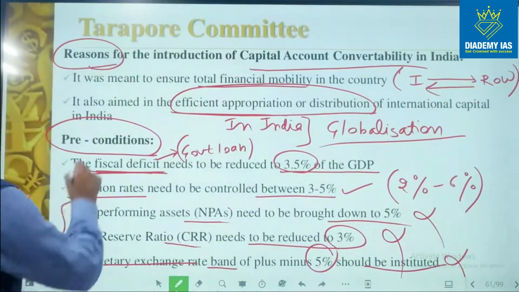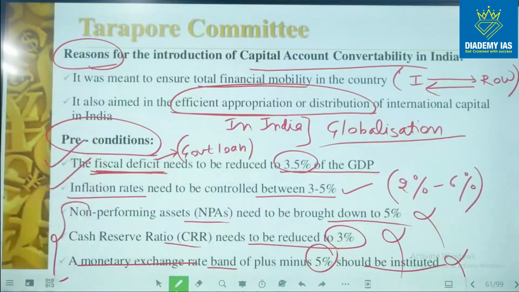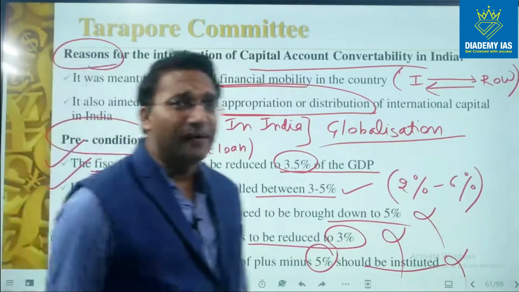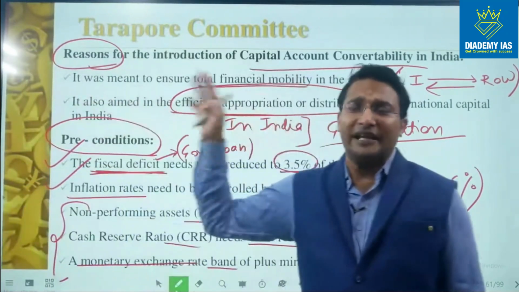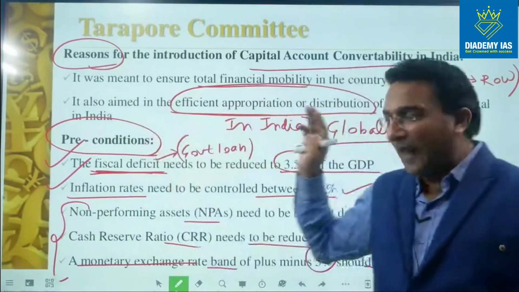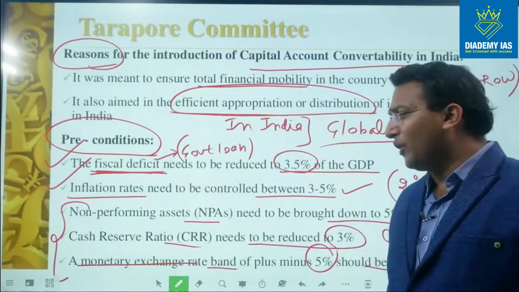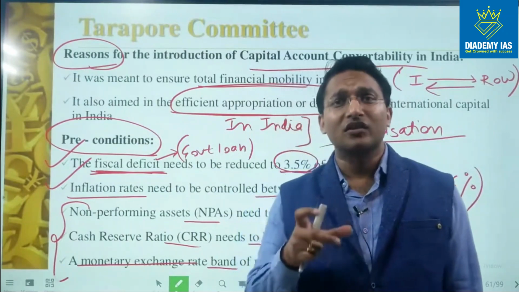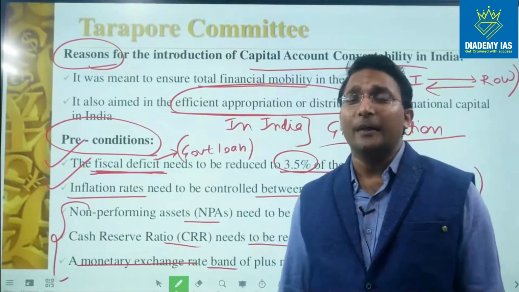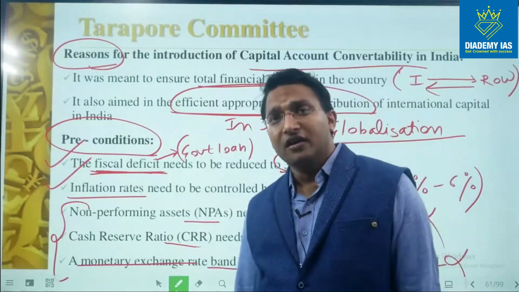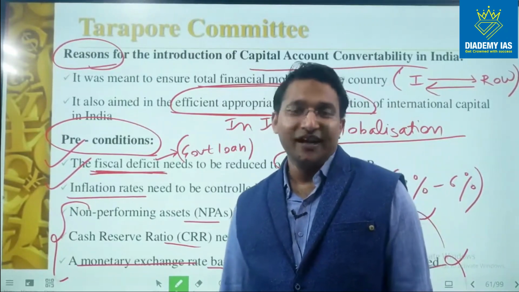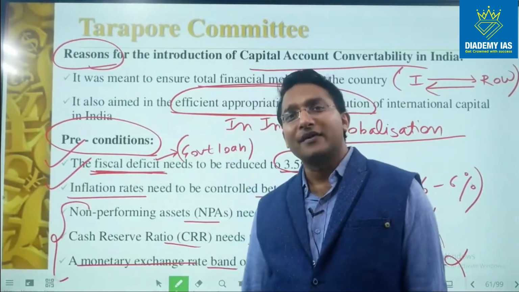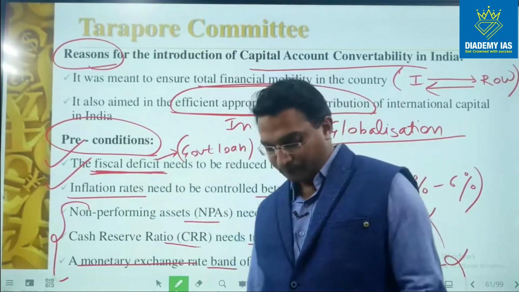Only two conditions are almost satisfied, that is the fiscal deficit and the inflation. The conditions of the NPA, CRR and the foreign exchange fluctuation are not satisfied. That means we need to wait before the capital account is converted to the extent of 100%, right? So we need to wait for the 100% capital account convertibility.